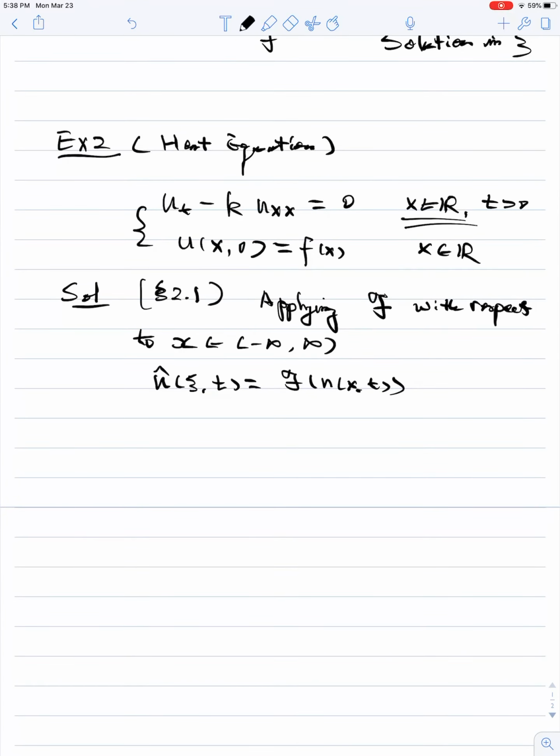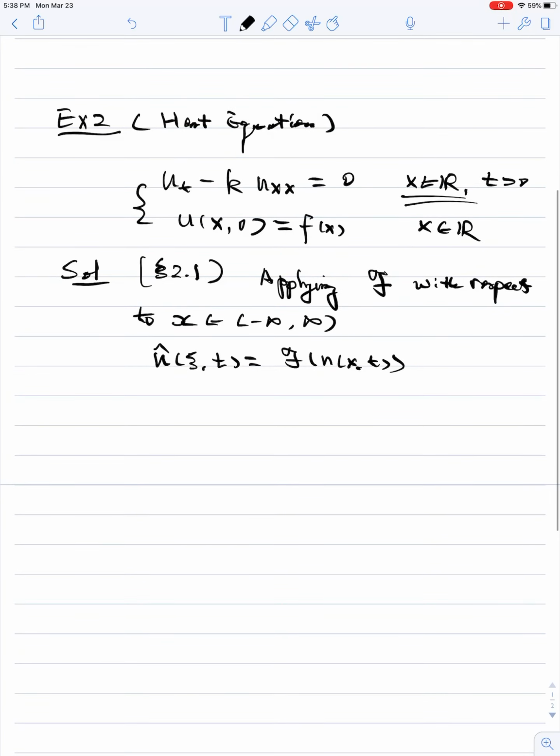Now, before I go further, if we have the derivative with respect to t, this is an integral that only applies to x: the integral of u e^{iξx} dx.